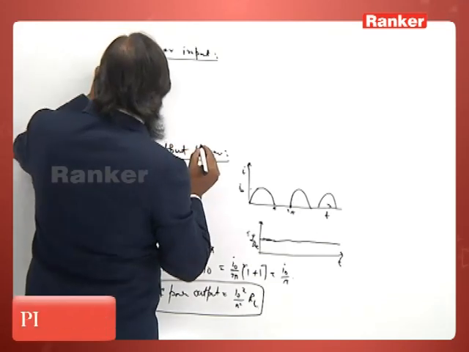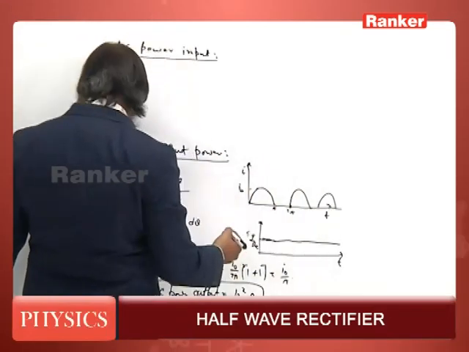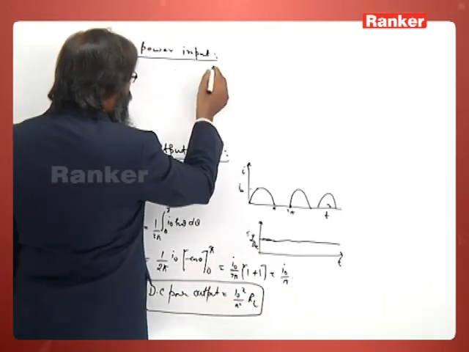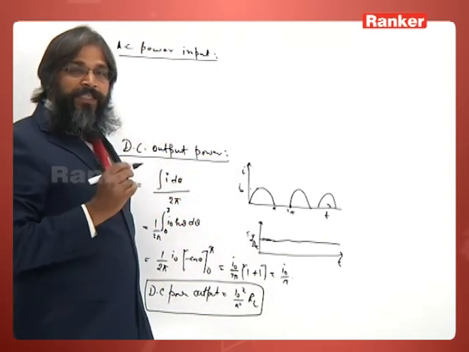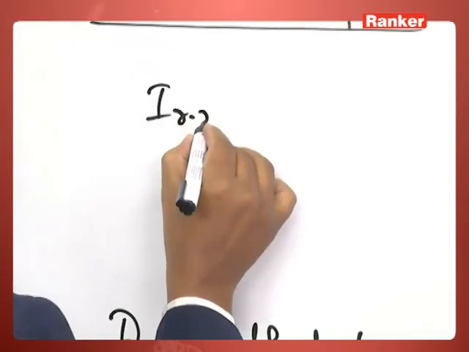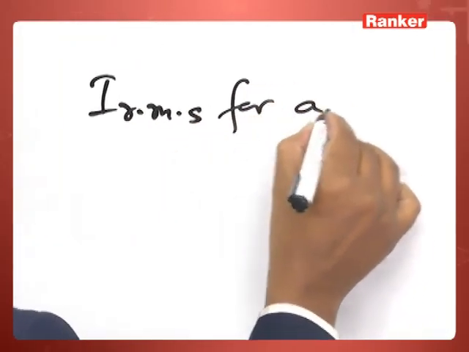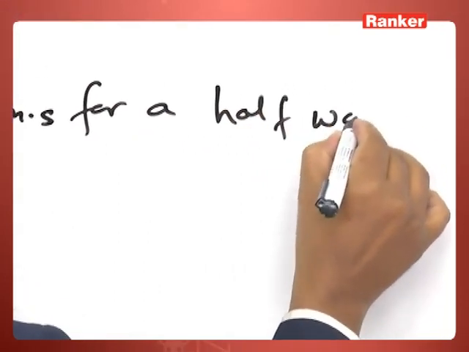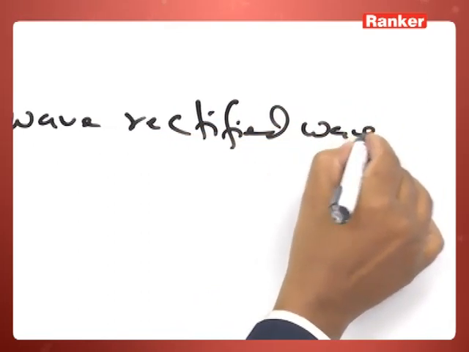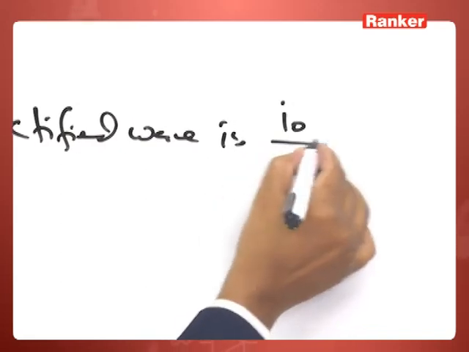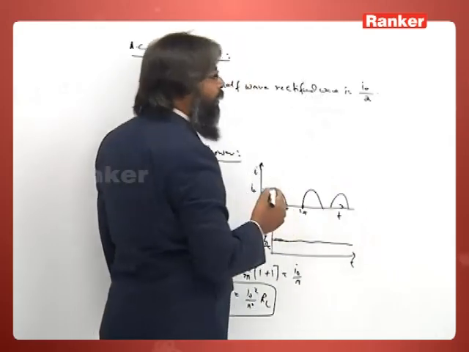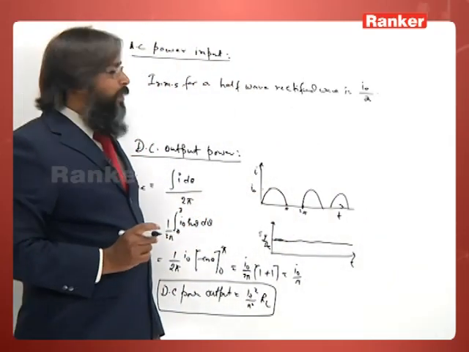Let us write, for this half wave rectification, the AC power as I RMS squared into R. So the IRMS for a half wave rectified wave is actually I naught, the maximum, by 2, I naught by 2.